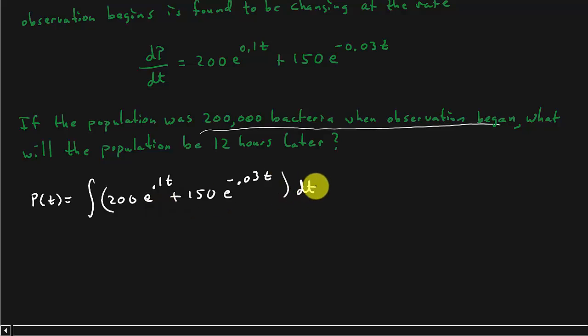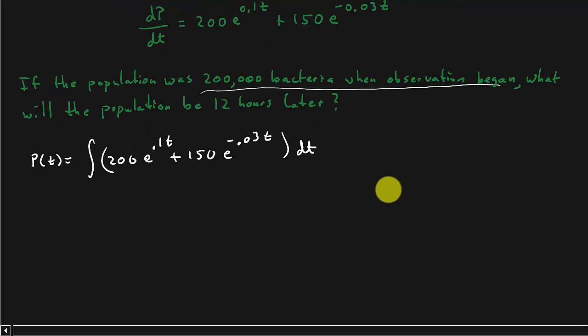dt. And I know they have 0.1, negative 0.03. I just didn't put the 0 in front of the decimal. It's still the same thing. All right, so let's integrate this thing. So I get P of t is equal to 200 e to the 0.1t, right?